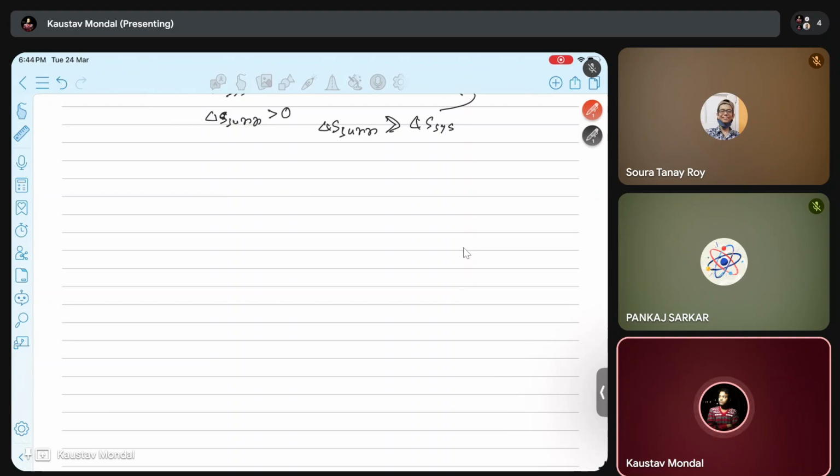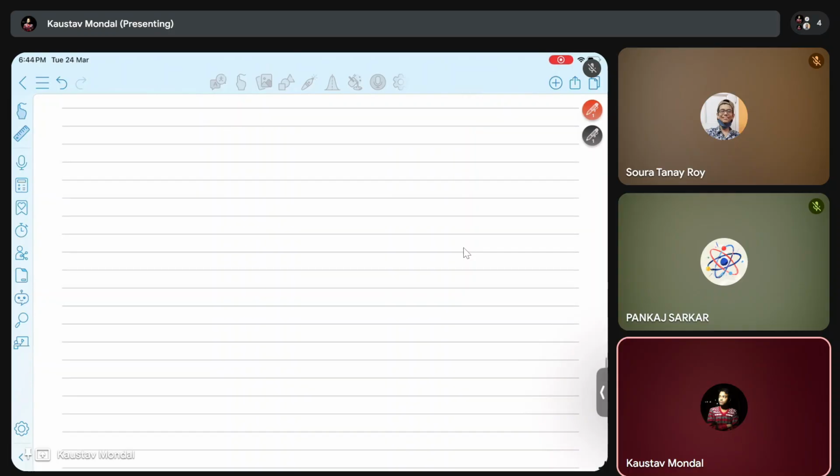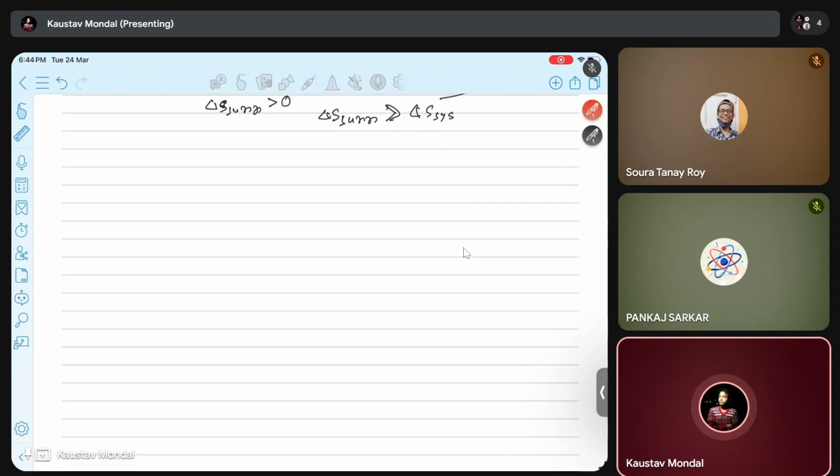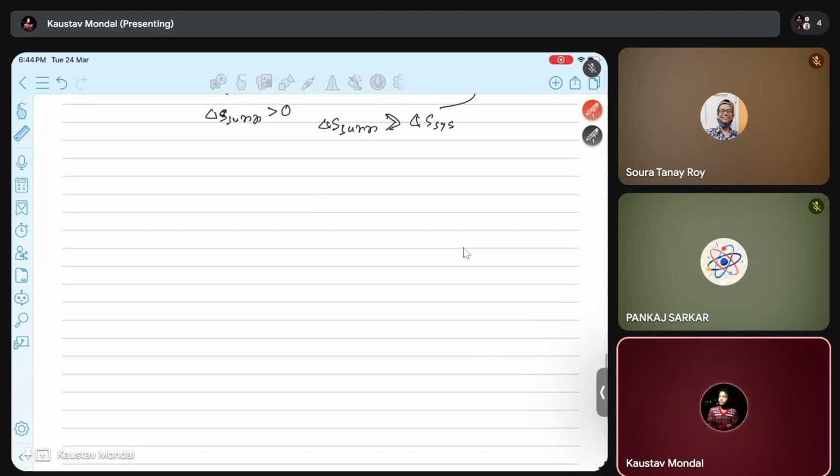So instead of using P and V as thermodynamic coordinates, you can also use T and S. If you do a coordinate transformation from PV to TS, the structure of the PV diagram to the TS diagram will also change, obviously.